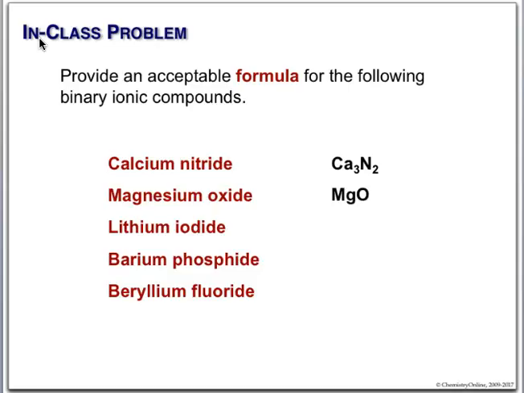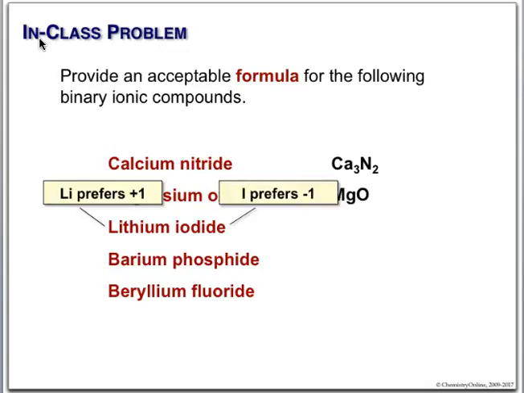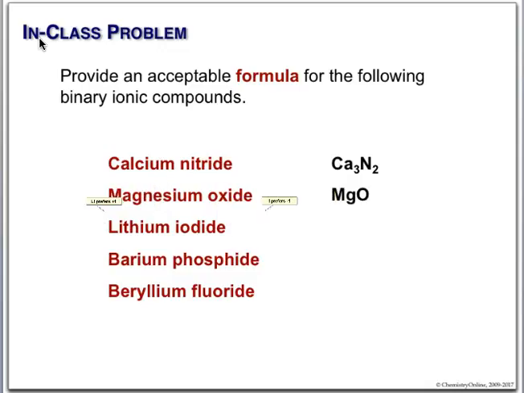Lithium is here in group 1. It will be a +1. Iodine is somewhere over here. It will be a -1 because it's in group 7. So we have a +1 and a -1. We simply put them together and spell LiI.